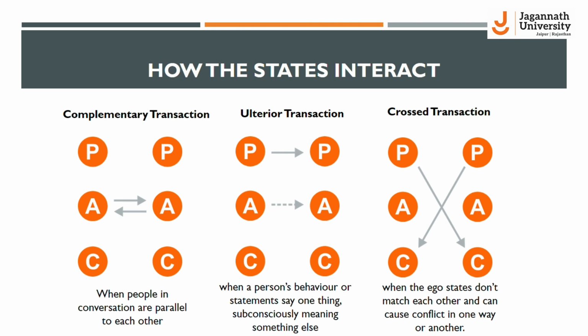Ulterior transaction is when a person's behavior or statements say one thing while subconsciously meaning something else. I like one of the examples given in one of the books. I think it is in Robbins or Luthans, I don't remember exactly.